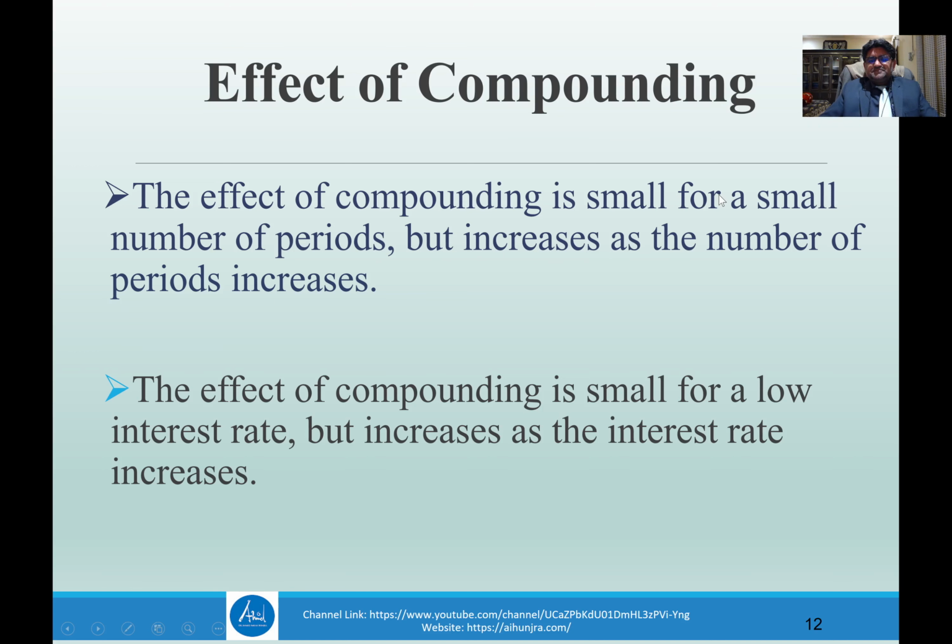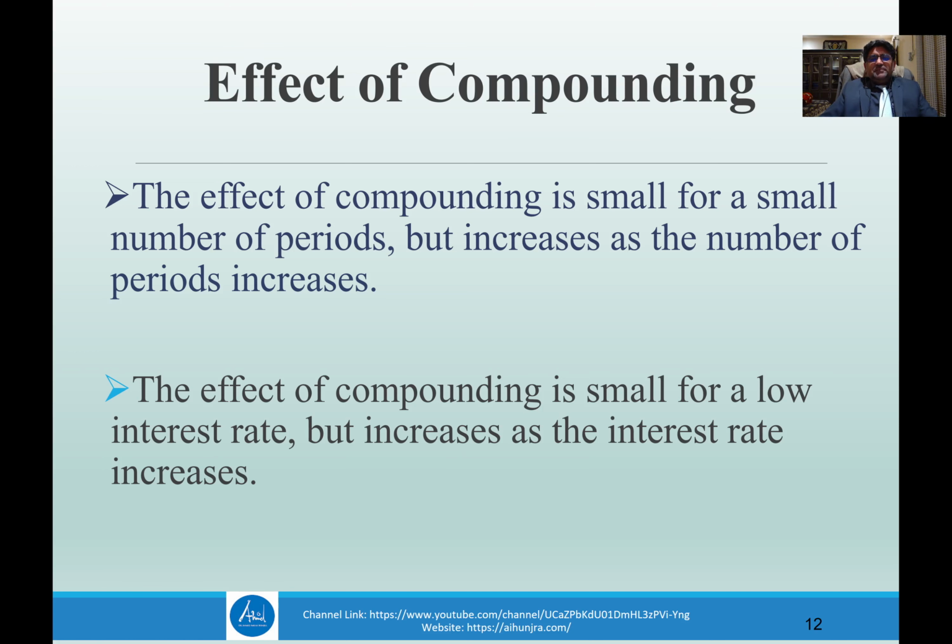It means if n is higher, the compounding effect is more. If n is smaller, the compounding effect is smaller. It also depends on the interest rate. The effect of compounding is smaller for a low interest rate, but it increases as the interest rate increases.